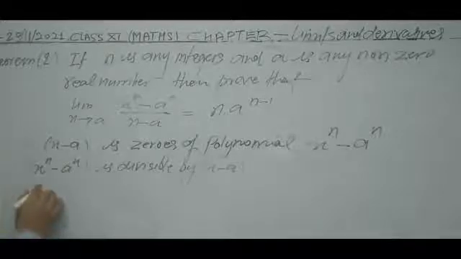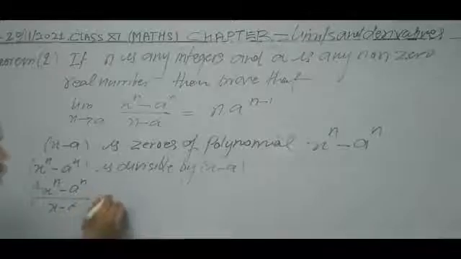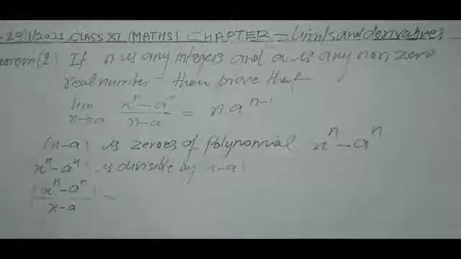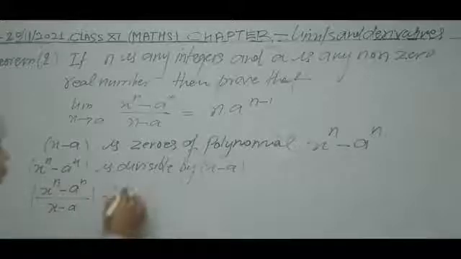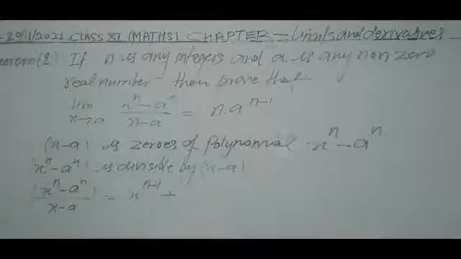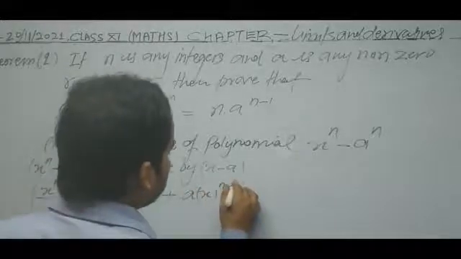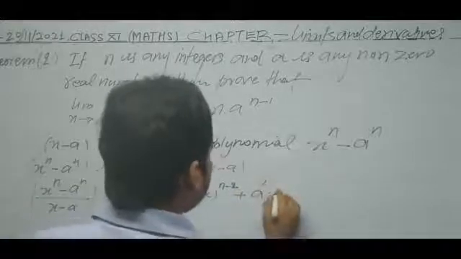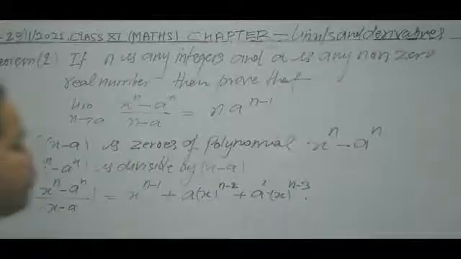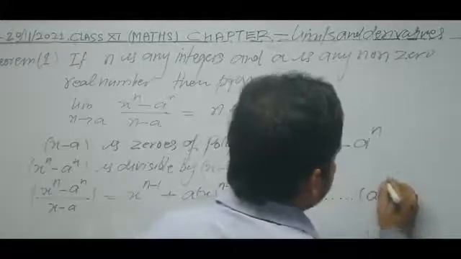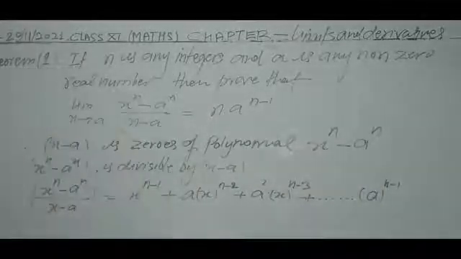When you divide x to the power n minus a to the power n whole upon x minus a, its result will be x to the power n minus 1 plus a into x to the power n minus 2 plus a square into x to the power n minus 3, and so on up to a to the power n minus 1. This is the result.